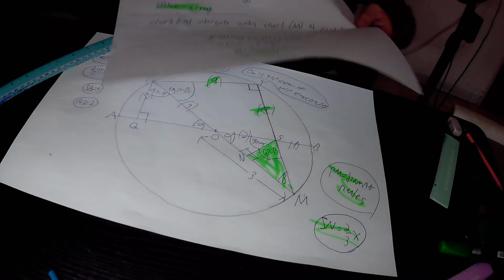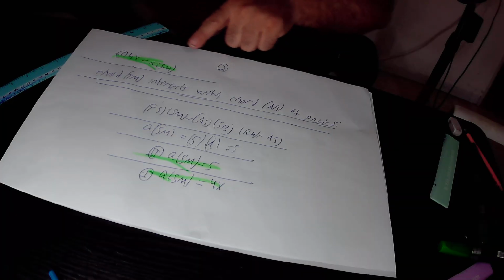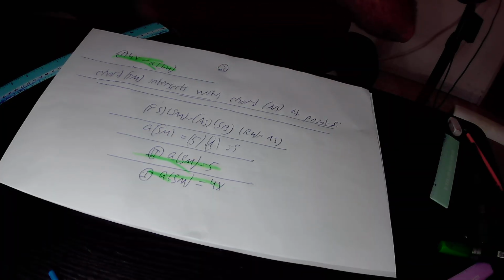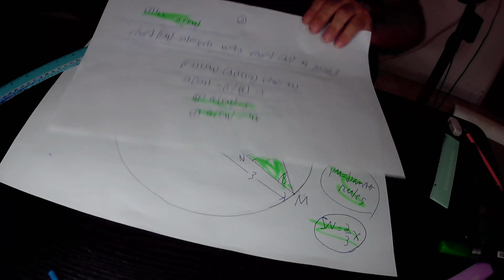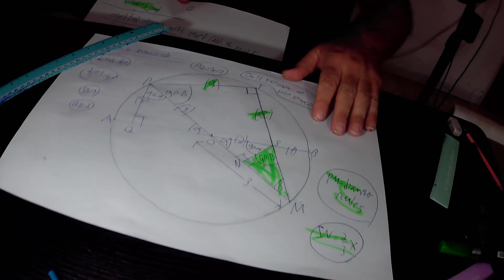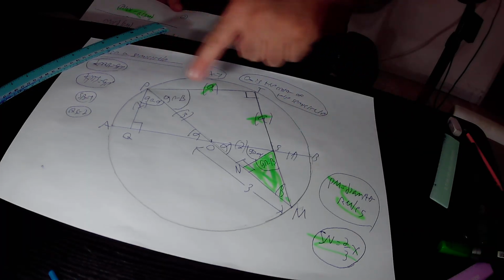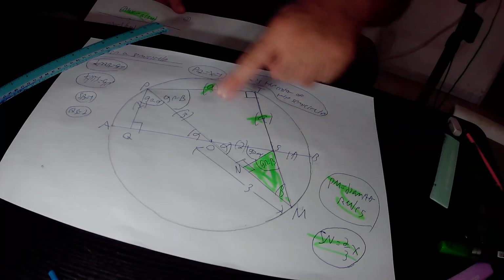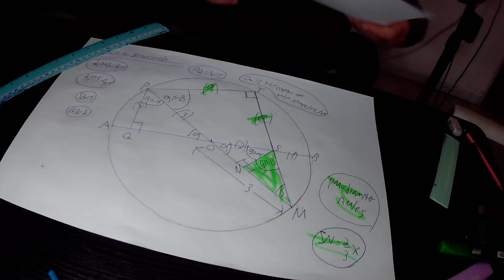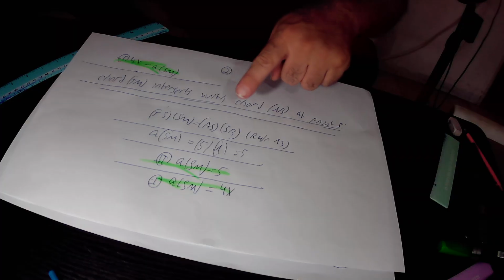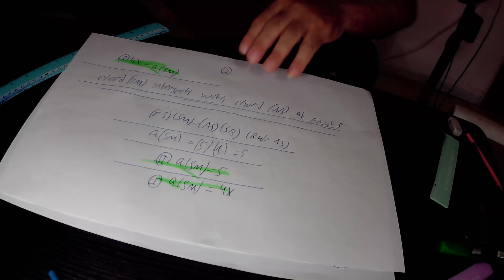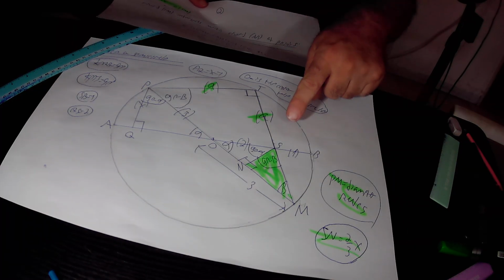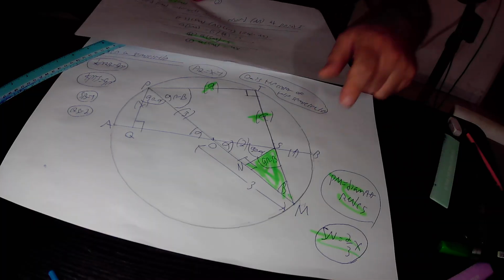Because again, chord TM intersects with chord AB at point S, we can implement rule 15. According to rule 15, TS times SM equals AS times SB. TS is A, times SM.